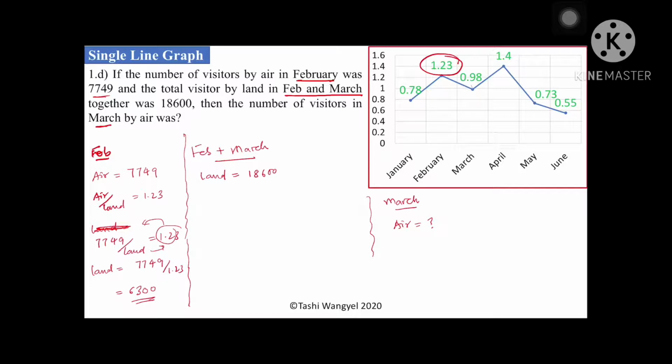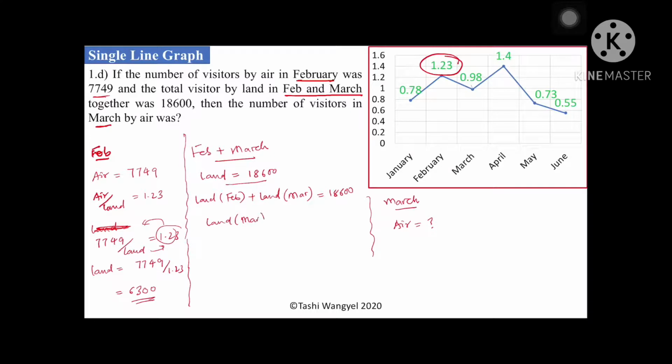In February, the number of visitors by land is 6,300. The total for February and March is 18,600. So the number of visitors by land in February plus in March is equal to 18,600.